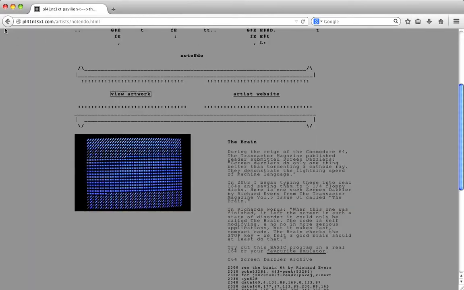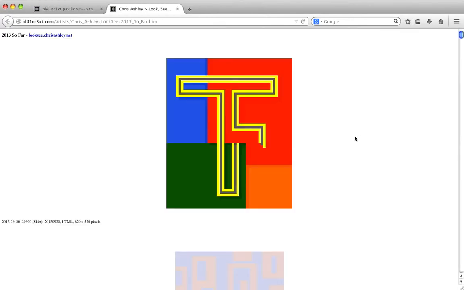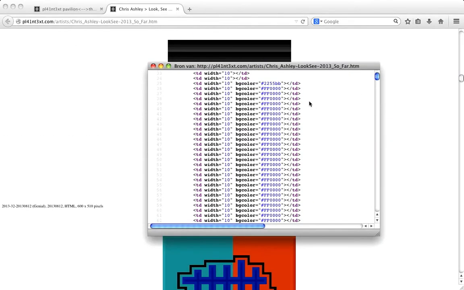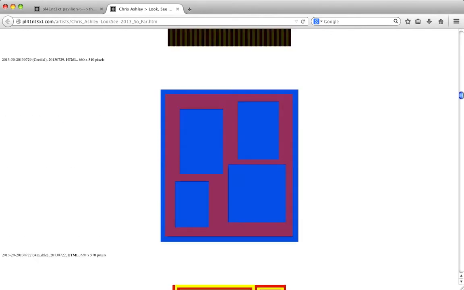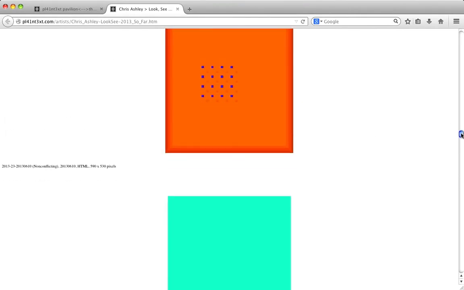But as an artist, you're always looking at what other people are doing, and you find things that are interesting, and sometimes that works into some of your own ideas, or you learn from what they're doing. You look at their source code or whatever. I think that to me is part of this idea of organizing a show.